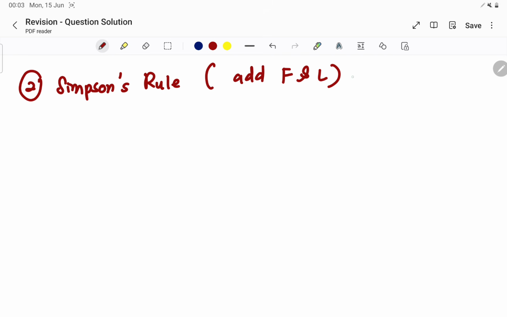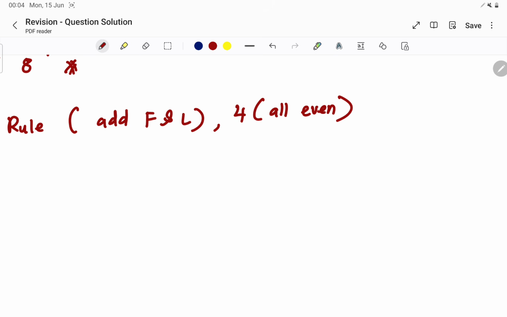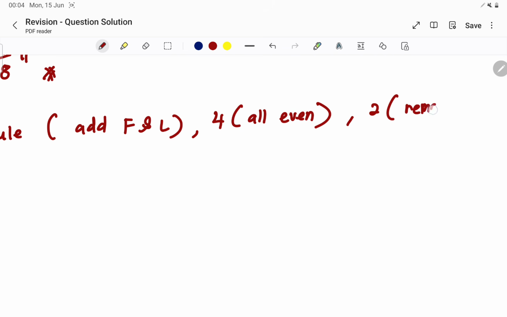And then for all the even values of y, let's say y2, y4, y6, y8 and so on, you multiply with 4. And then the remaining odd terms, which we didn't touch, you multiply with 2.